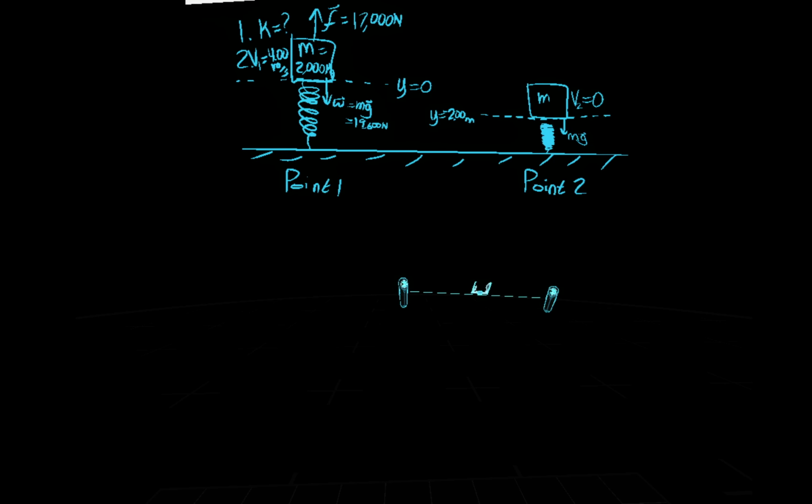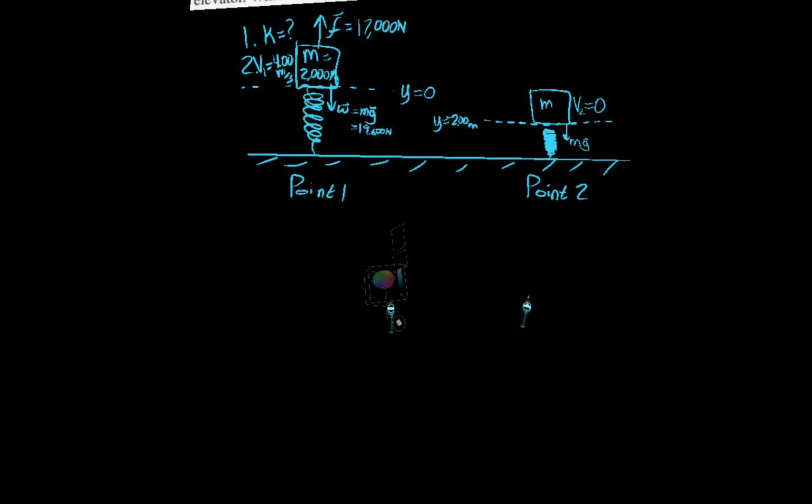Let's write out what's happening at each step. All right, so step 3, I'm going to write all of our stuff out. K1 plus, we'd usually write U1, but we know that there's both elastic and gravitational potential, so I'm going to write each of them out separately.